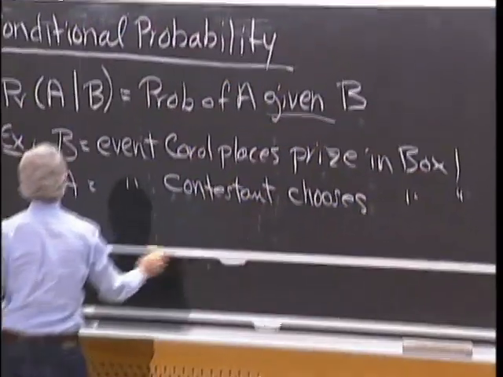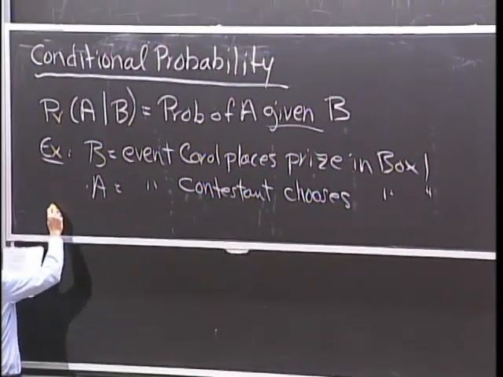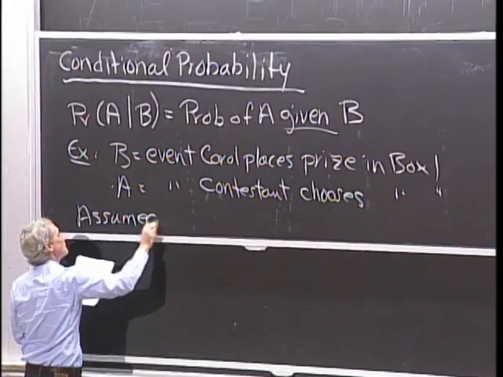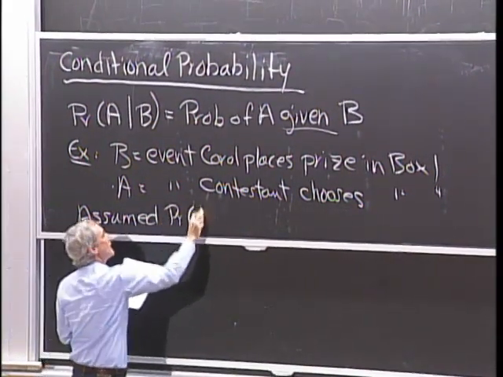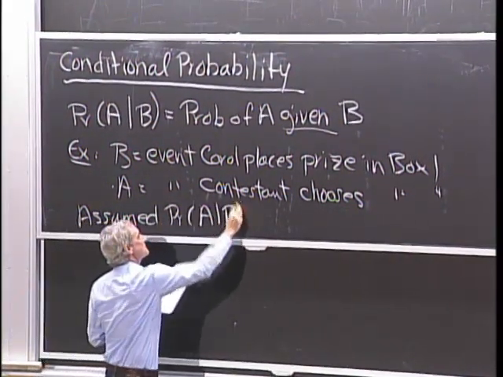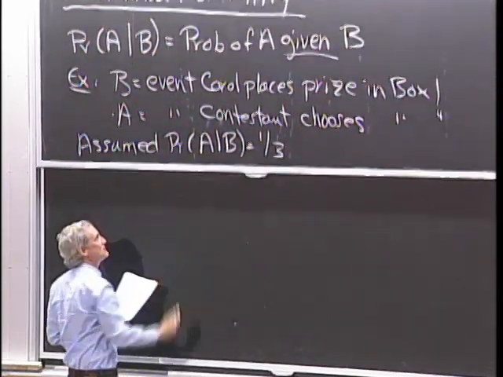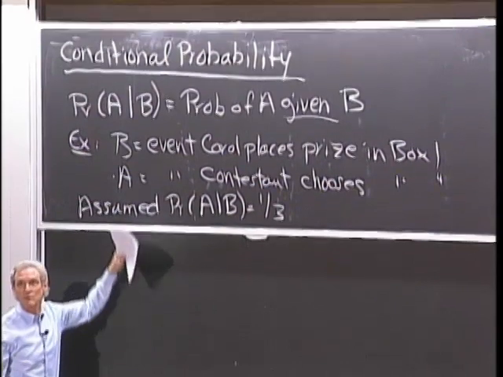And we assumed for the Monty Hall game that the probability of A given B in this case was 1/3, because the contestant didn't know where the prize was.